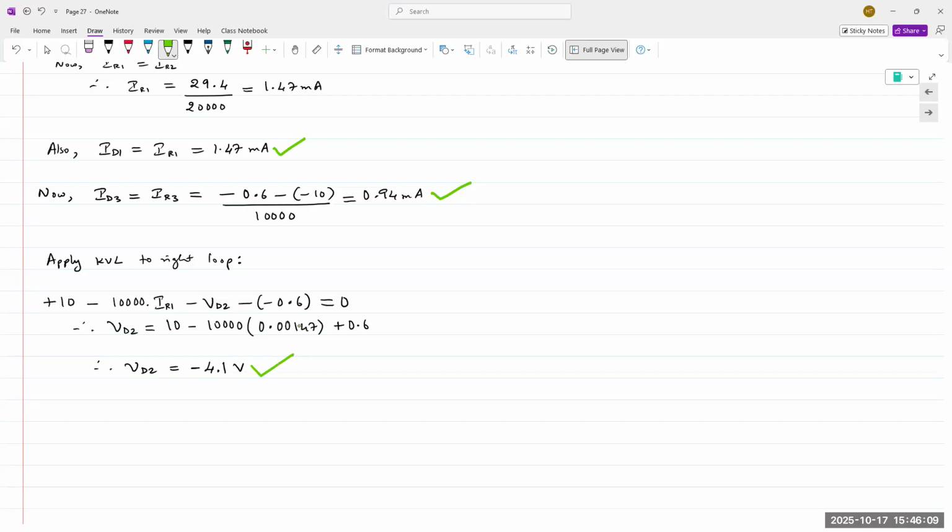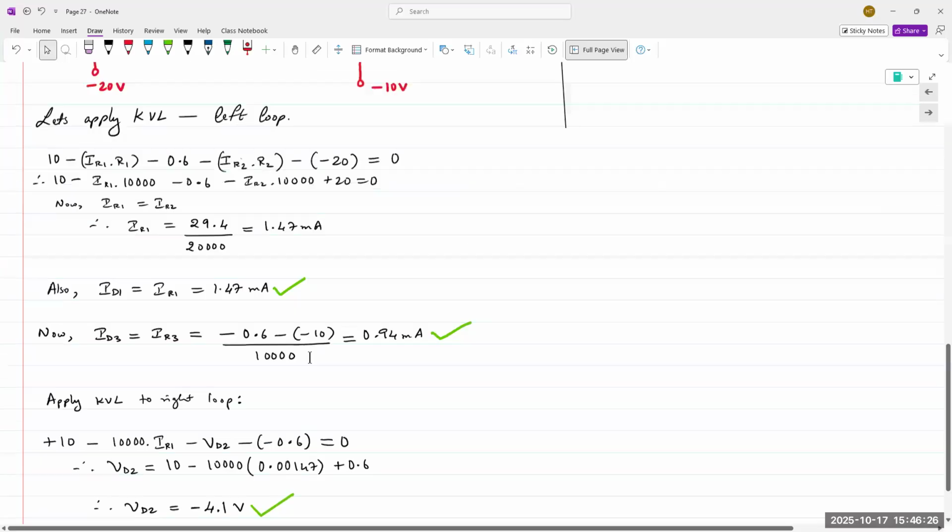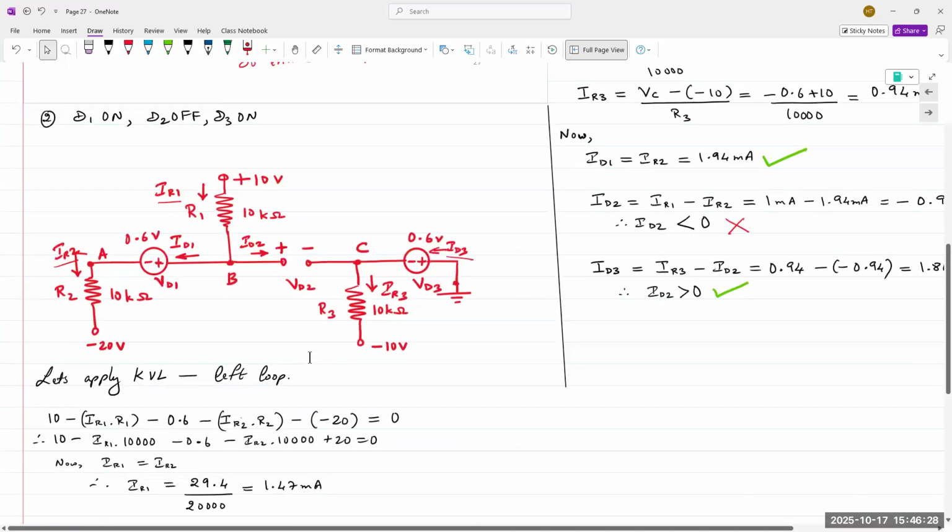Since we assumed diode D2 must be off, then the voltage across diode D2 must be negative. Otherwise, it would not be off. And so, minus 4.1. So all three diodes were verified, and we obtained matching results.